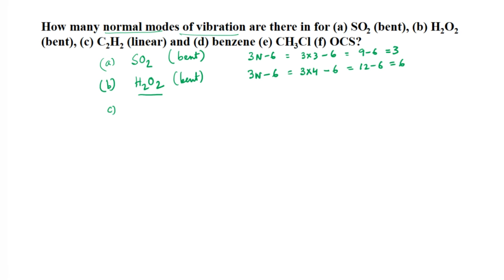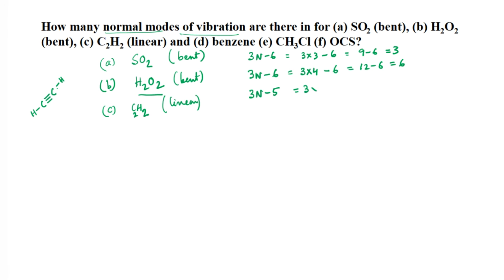The third one is acetylene, so C2H2. Acetylene, as we know, is a linear molecule with C triple bond C in between. So, the number of normal modes is given by 3n minus 5.